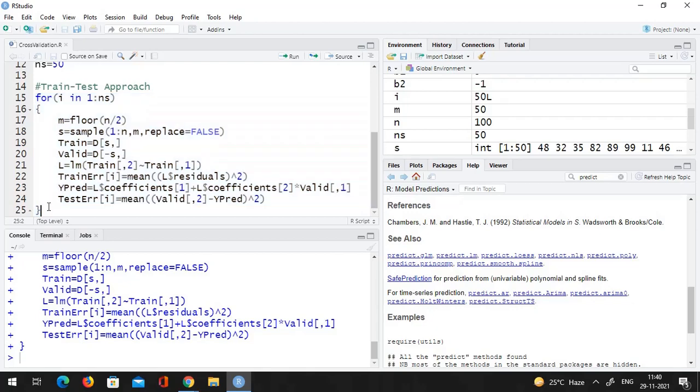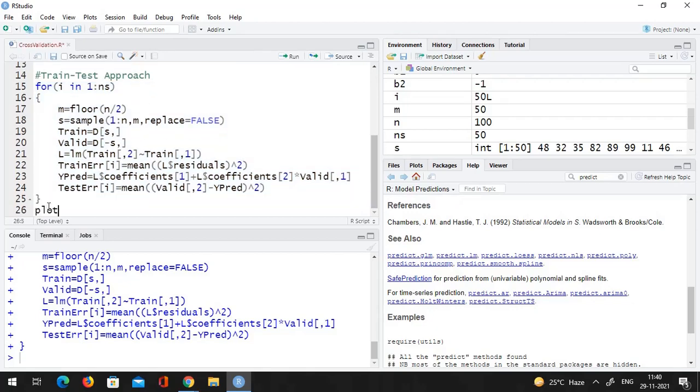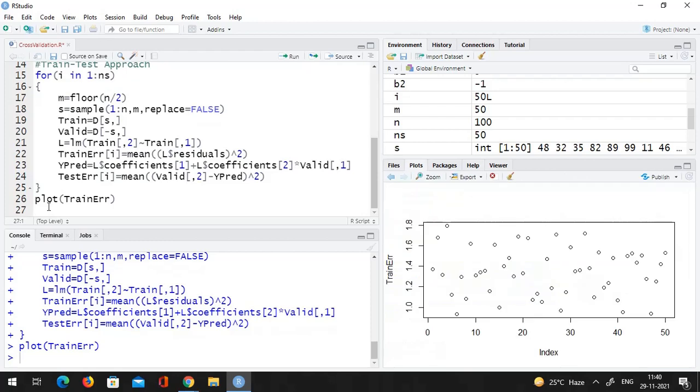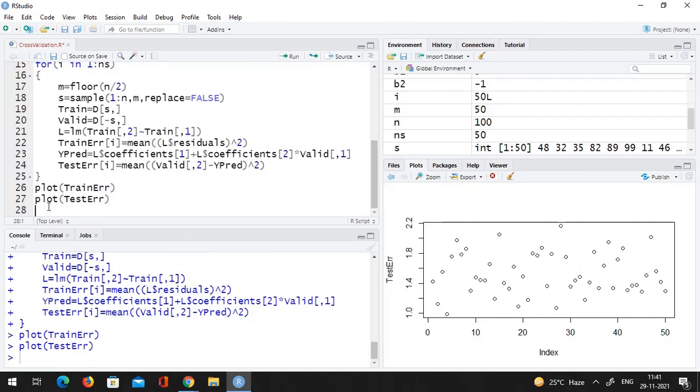Okay, I got something, so let me plot train errors. So training errors are roughly between say 0.8 to 1.8. And what about test errors? Test errors are slightly higher. Can you see? Let me plot.